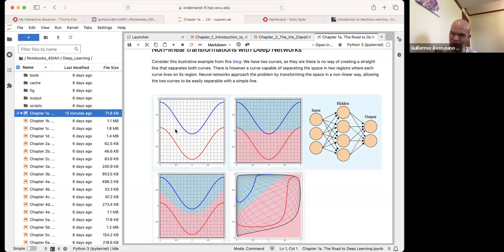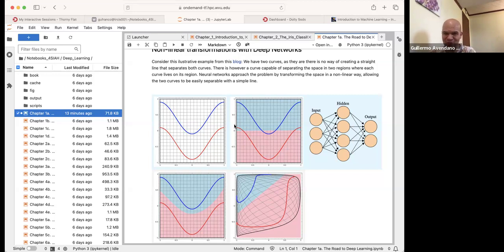Imagine that we have points with errors, let's say, and to which side do we assign an experimental value? Should we assign it to the blue line, or to the red line? Well, a purely linear model will not work. No matter how you trace this with straight lines, you would always get some of the blue area inside the red region, or the red line inside of the blue region. So we will get a mix.